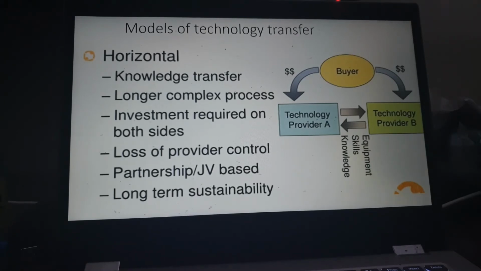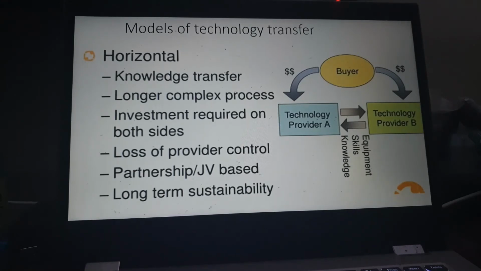It is partnership or joint venture based, and it's long-term. You can see there are provider A and provider B. Technology moves from provider A to provider B, but it can also move from provider B to provider A, like what goes on in what we call the North-North technology transfer model, when one developed country can send technology to another developed country, and in return, that other developed country can send something back.